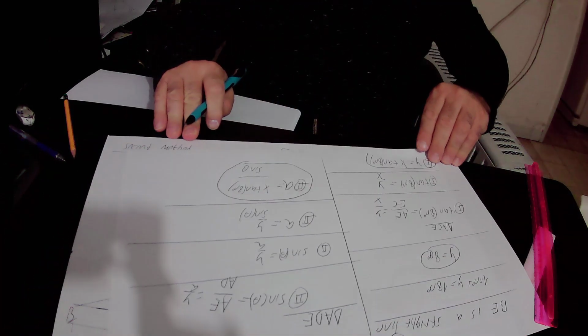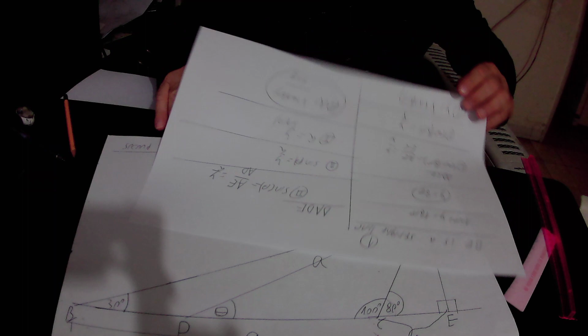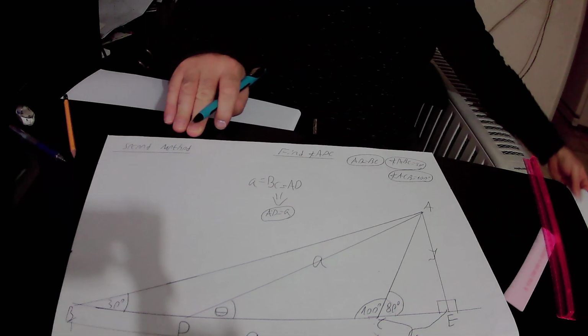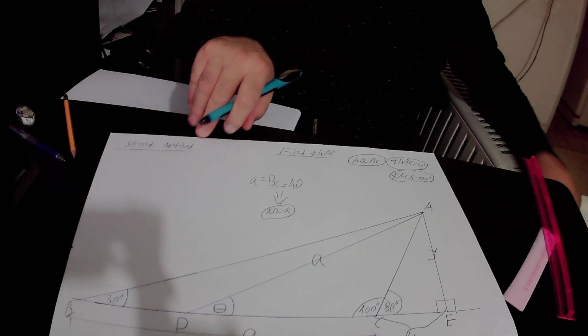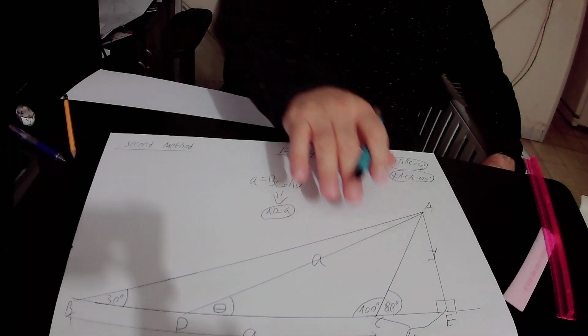In the next step, we will focus on the right triangle, triangle ABE.